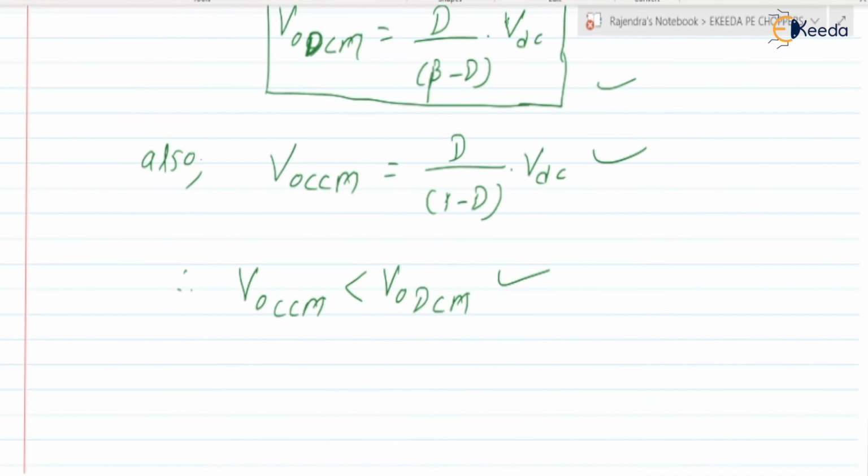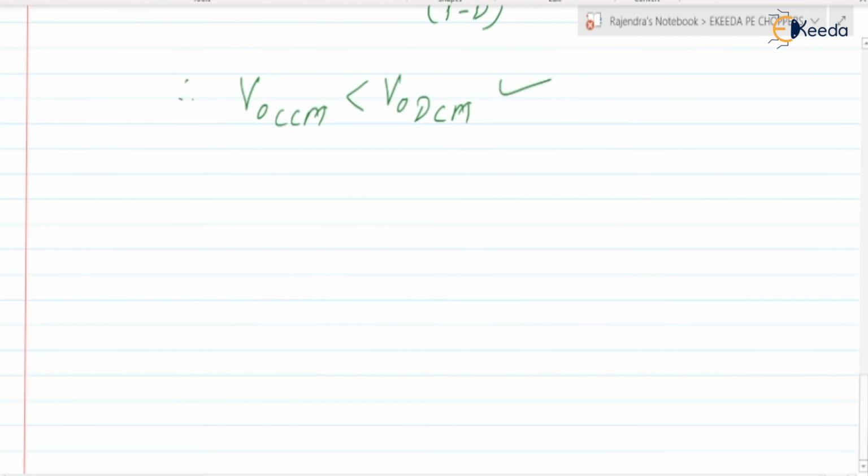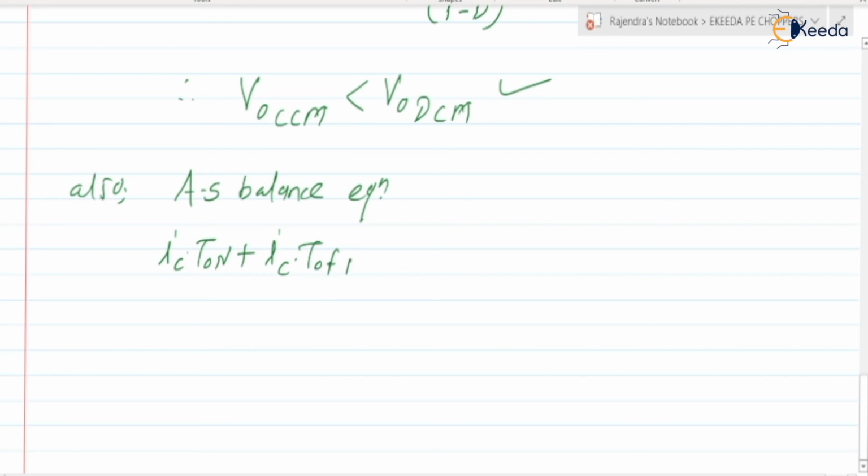Also we can write the ampere-second balance equation. So we can write it as IC into T on plus IC into T off is equal to 0. What is the IC during T on?